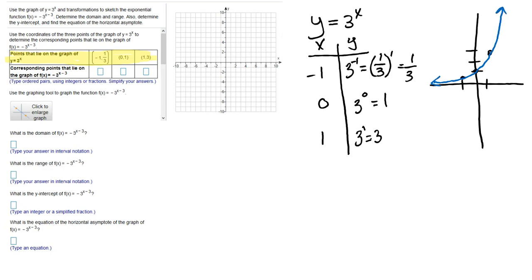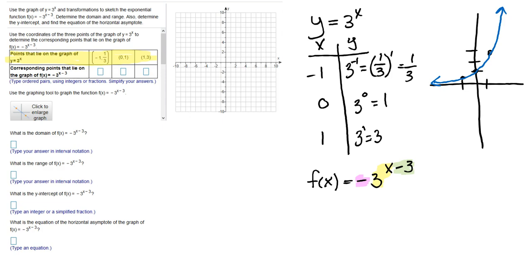Now the equation that we're looking at is f of x equals -3 to the x minus 3. And this is going to be a transformation of 3 to the x. You can kind of see the 3 to the x is there, but we have these extra operations of multiplying by a negative and subtracting 3.